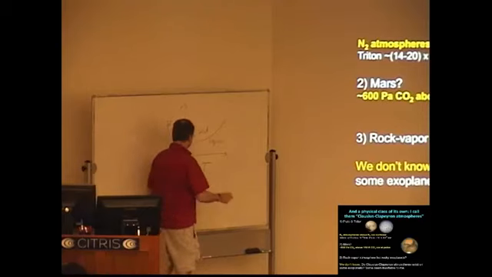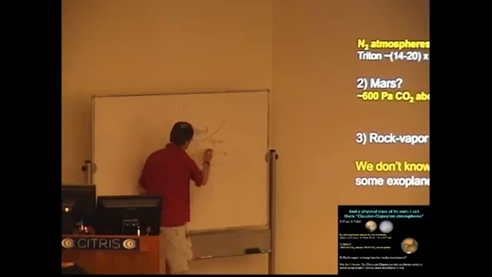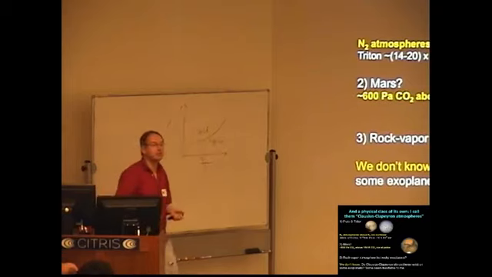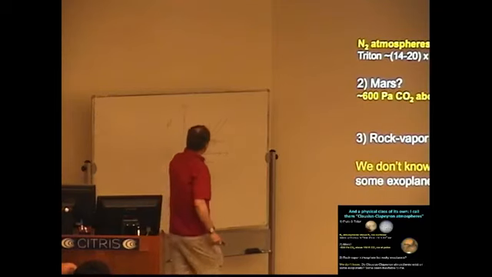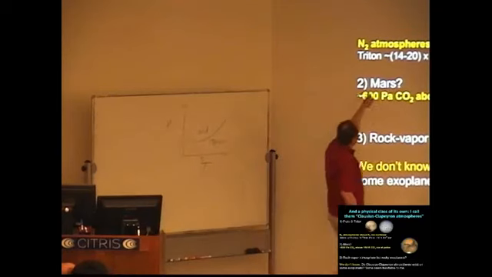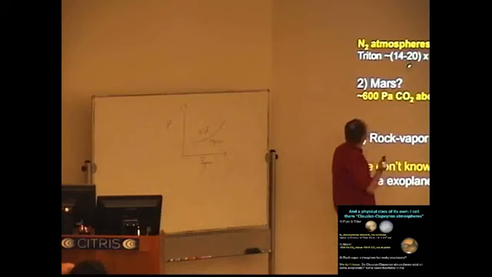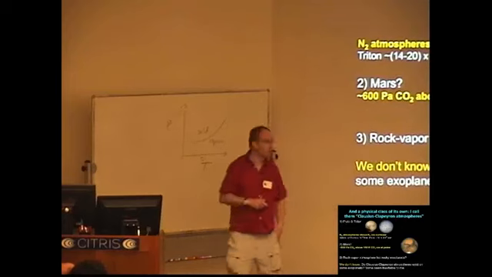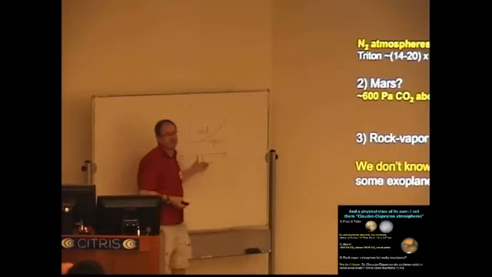So if this is the surface temperature here, then you look up the vapor in equilibrium with the surface, and this will be for Triton in this range here. And if you look at it for Pluto, it should be about 10 microbars. So all it is that the whole atmosphere is being set by a vapor-solid equilibrium.